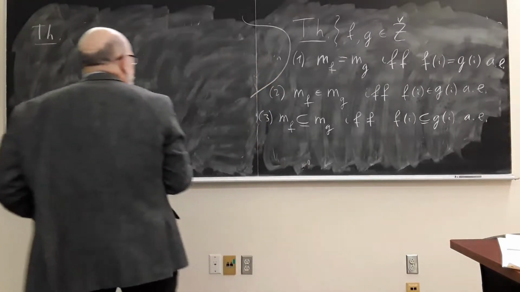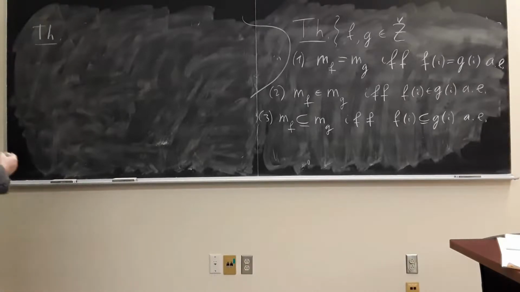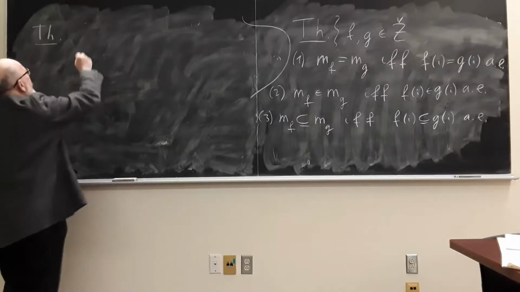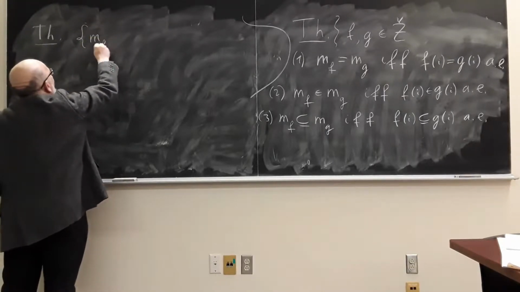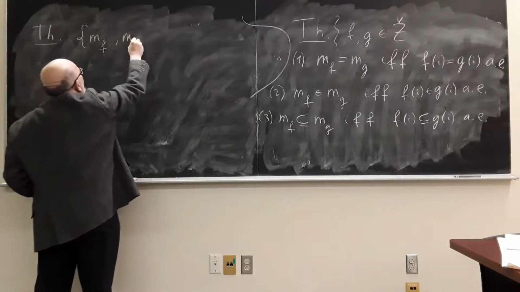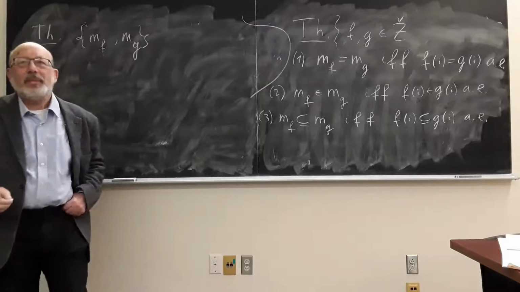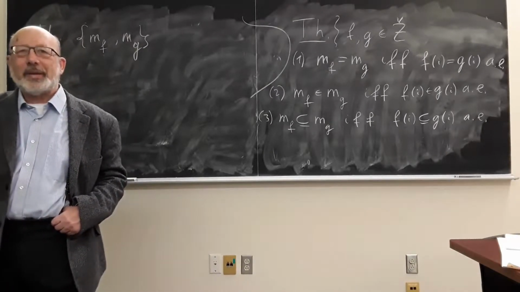Then, even if they are elements, we can form their pair. So consider the pair MF, MG. It is a pair of two sets which exists.